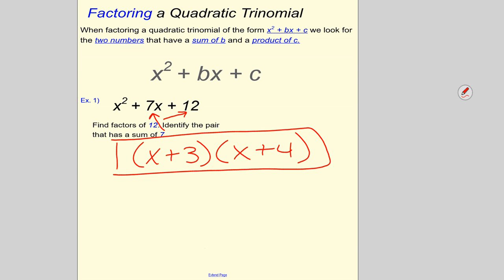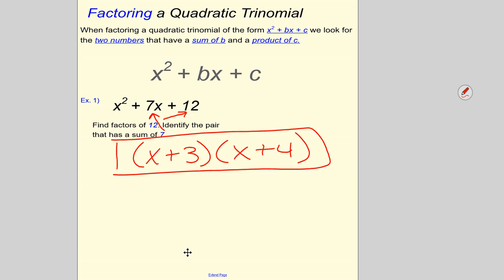I've now factored. Okay? Now, if I wanted to check this answer, remember that these two things, this x plus 3 and this x plus 4, if these are factors, they should multiply to give me this original thing, x squared plus 7x plus 12.